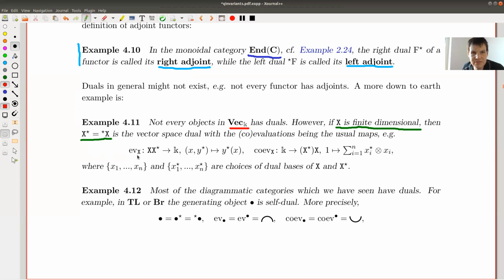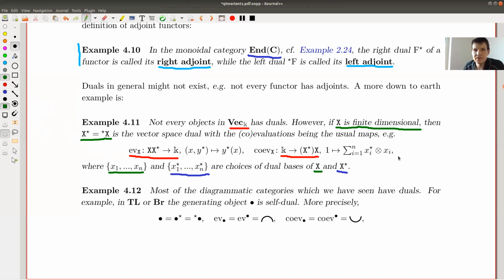And the co-evaluation and the evaluation maps are the ones you would think to use, exactly the ones you know from linear algebra. You just choose two bases. It's very easy. x1 up to xn, and the dual basis x1 star up to xn star. And of course, these are bases of X and X star.